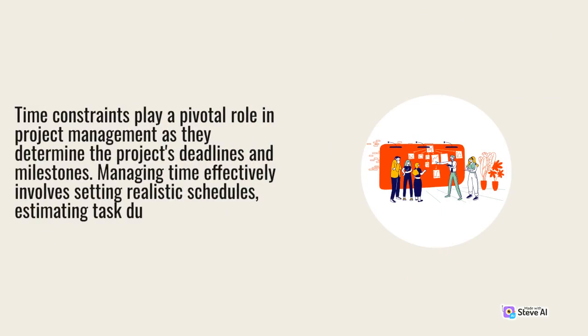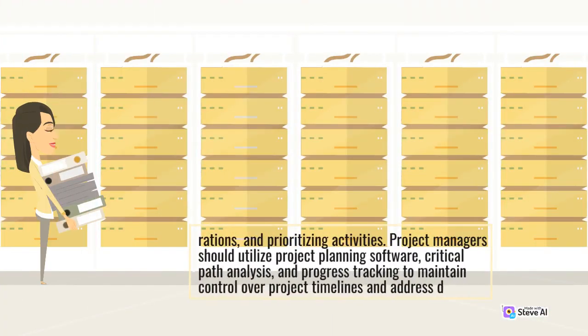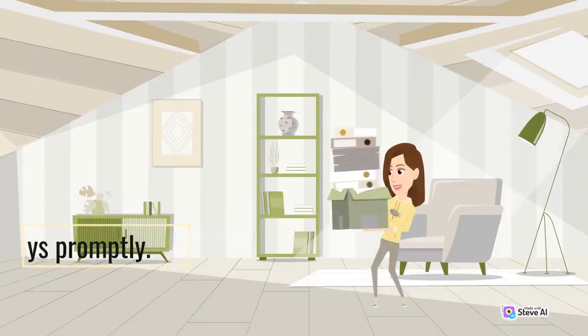Managing time effectively involves setting realistic schedules, estimating task durations, and prioritizing activities. Project managers should utilize project planning software, critical path analysis, and progress tracking to maintain control over project timelines and address delays promptly.